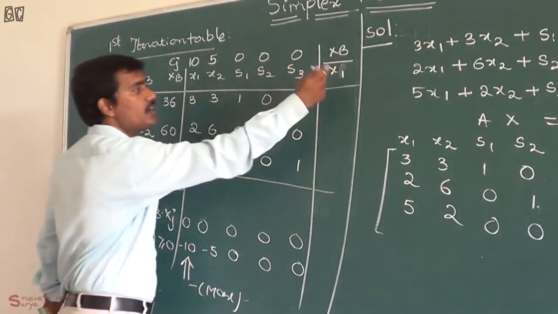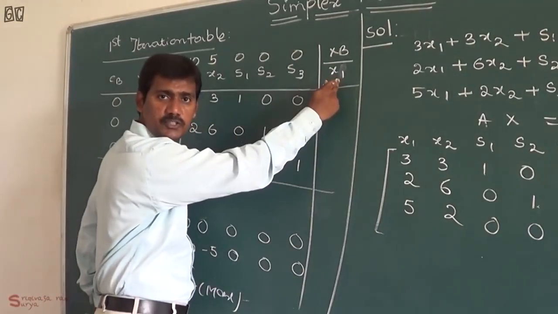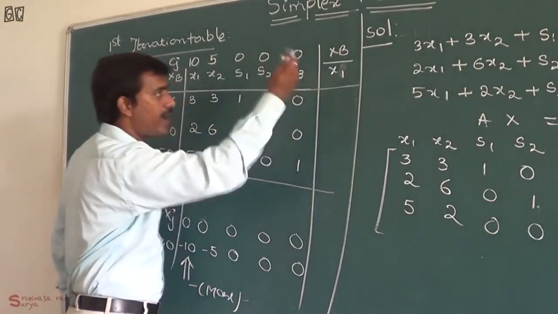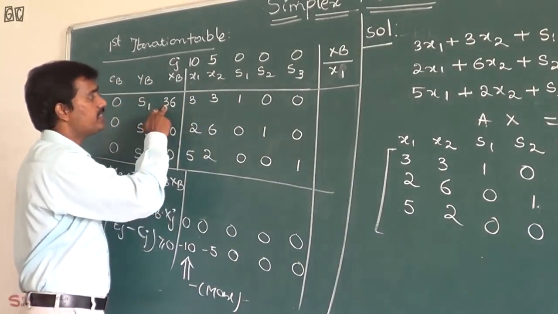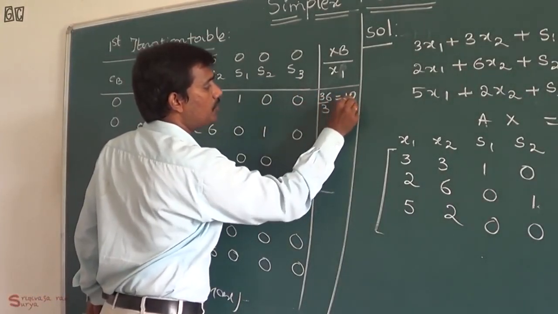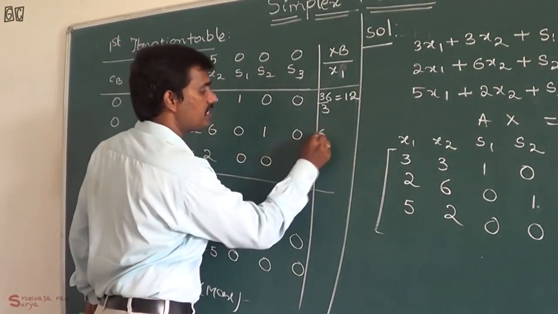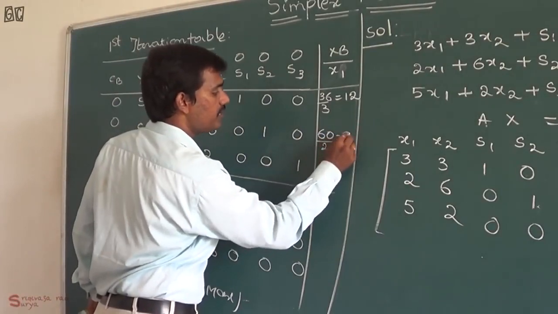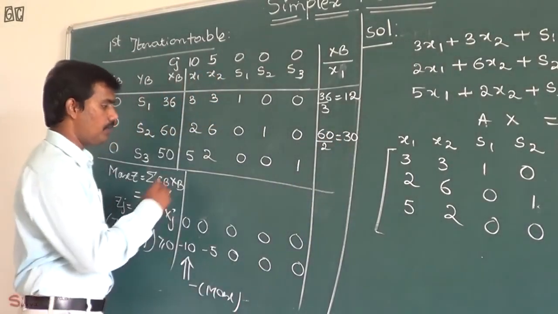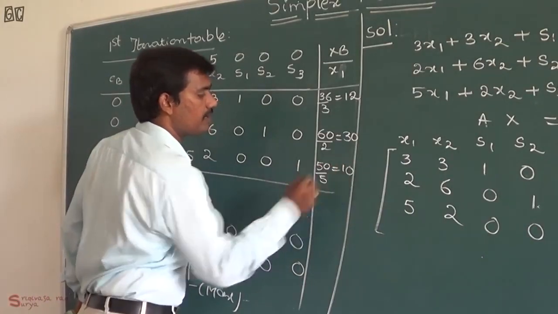In this case we put XB by, this arrow indicating the column, x1. Clear? So XB by x1. What is XB? 36 by 3, that is 12. And one more, 60 by 2 is 30. And finally we have 50 by 5, that is 10.